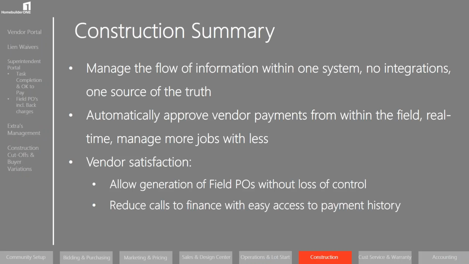They can put a price against it and obviously update the system with that price. So we feel in construction there's vendor satisfaction. We do allow, didn't show you, but we do allow field POs to be generated by the vendor. But there's no loss of control here because the superintendent can still approve them.